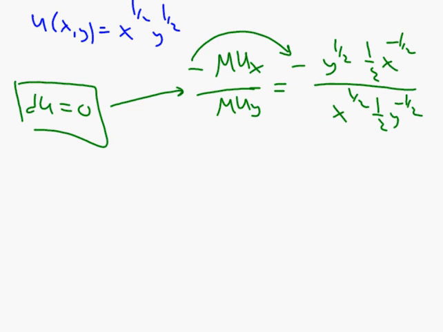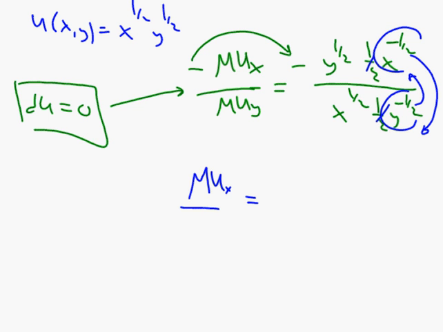Well, the 1/2s cancel. The x to the negative 1/2 is going to come down into the denominator. The y to the negative 1/2 is going to come up to the numerator. And you're going to get that negative MUx over MUy is equal to negative y over x.